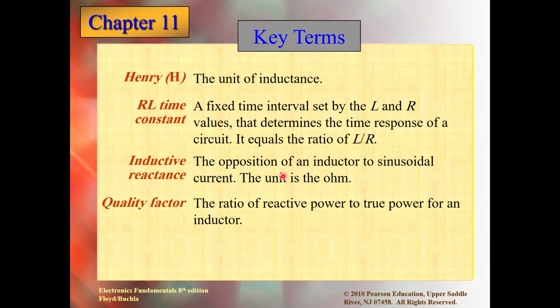Then quality factor, the ratio of reactive power to the true power. All right. So this way we are done with this chapter. The next chapter will be discussing the RL circuit. So now chapter number 11 is completed.